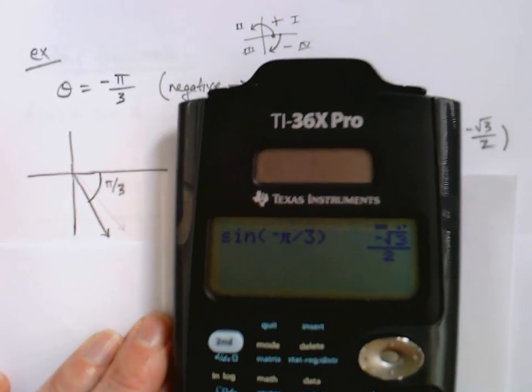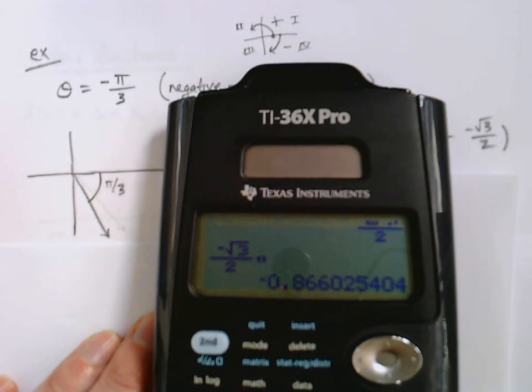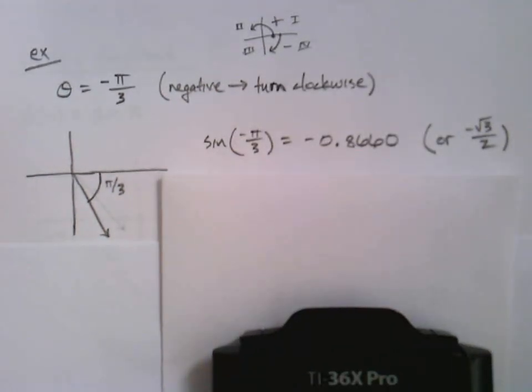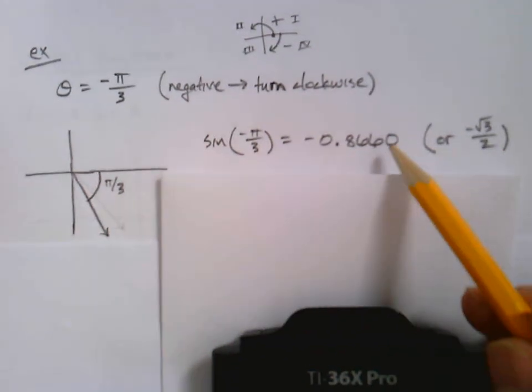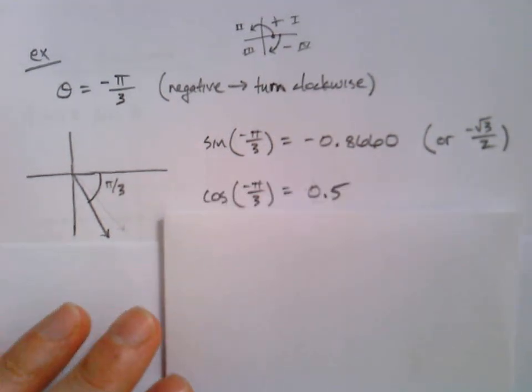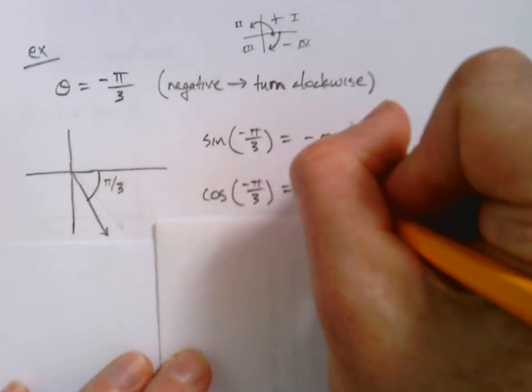I got negative square root 3 over 2, but I can switch that with my double arrow. Or maybe your calculator just gives you this number anyway, negative 0.8660. That'll be plenty good enough for us. Let's take the cosine. Turns out that's positive 0.5.